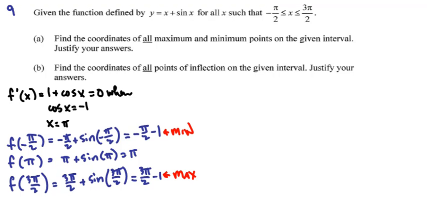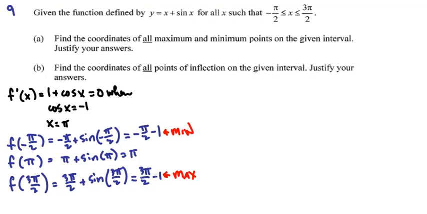Now another way of looking at this is that 1 plus cosine of x, which is the derivative, the cosine of x has to oscillate between negative 1 and positive 1. So no matter how low cosine of x goes, at most the derivative can be 0, but it can never be negative.